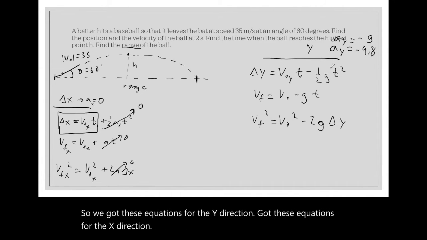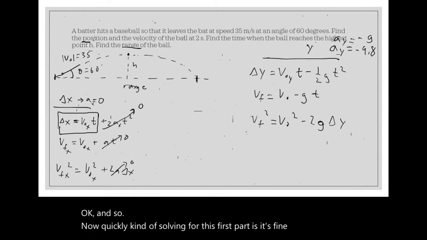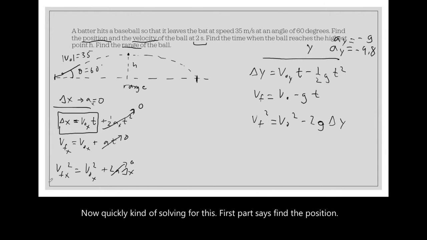Okay, and so now quickly solving for this first part, it says find the position and the velocity of the ball at 2 seconds. Alright, so let's switch colors real quick.